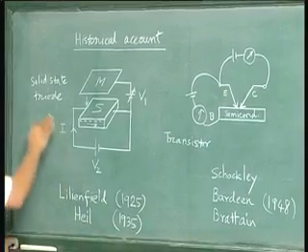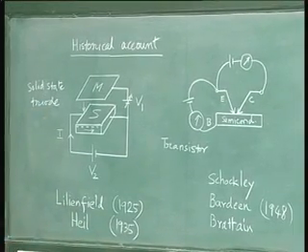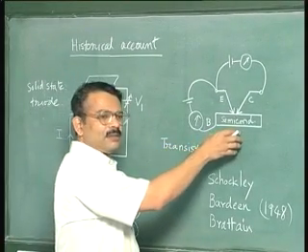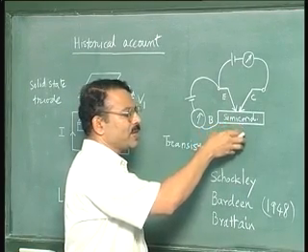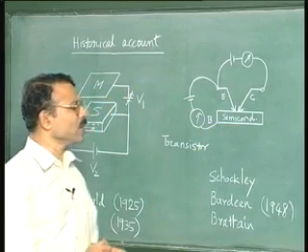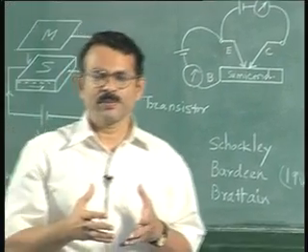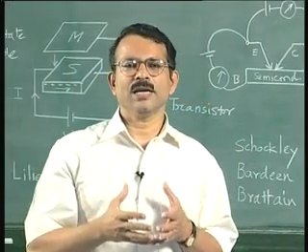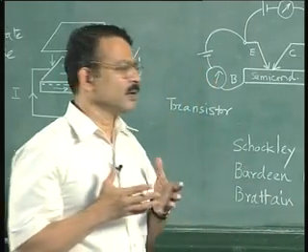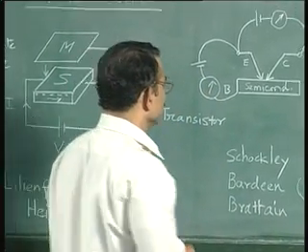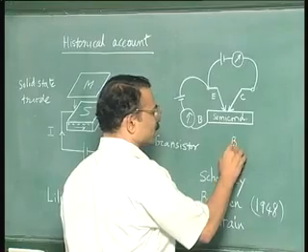So while trying to perfect this solid state triode, they accidentally discovered the transistor, and when they tried to explain the operation of this device, they found that it is because of both electrons and holes, and that is why they called this as a bipolar device, and they call it as a bipolar transistor. So that is how the name bipolar junction transistor came into being.